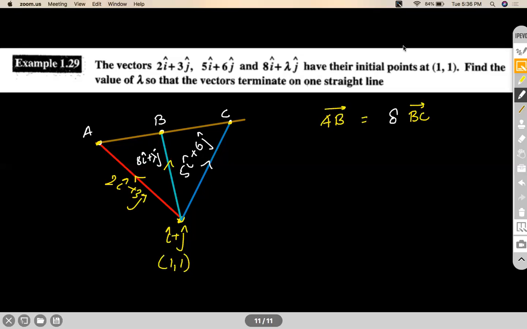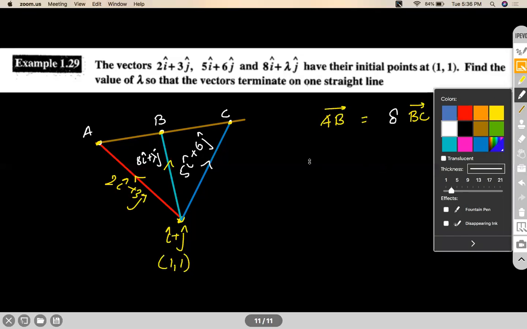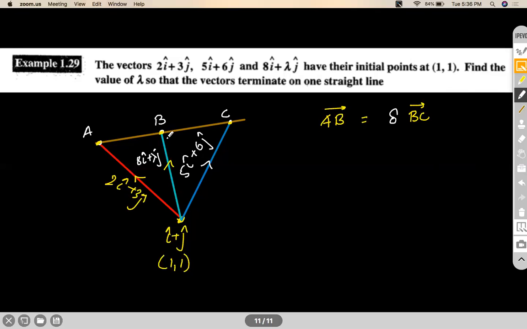Sir, I didn't understand how the vectors can lie on such a point. Shouldn't it lie on some multiple of A i cap and B j cap? See, the question is very simple. There are three vectors. Let me name the starting point D, which is (1, 1).